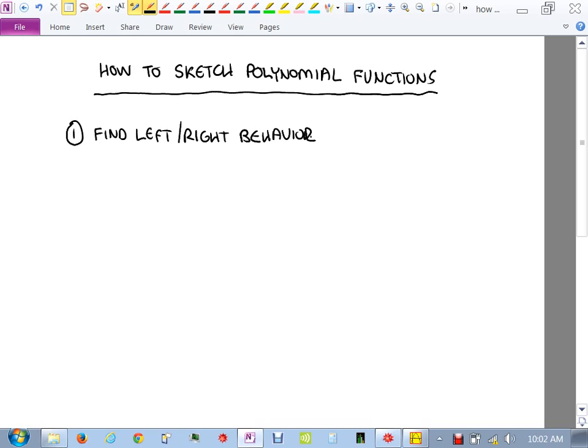And that you use the table for. Use that table. The next thing you do is find your X intercepts. After you do that, you have to find whether or not you bounce or cross, right? And then after you do that, you graph it. You sketch it. I mean, those are the steps.